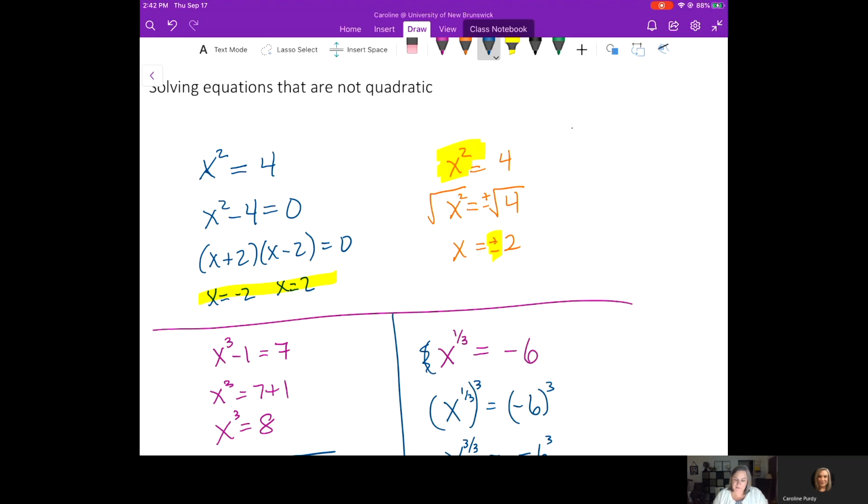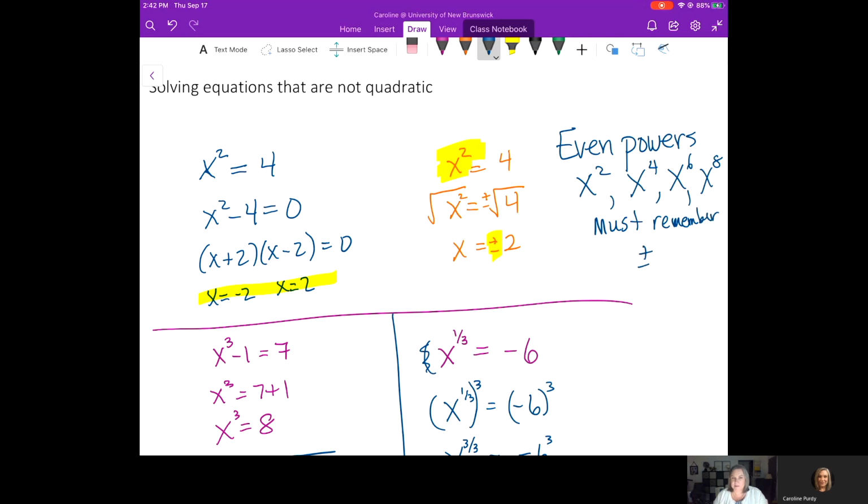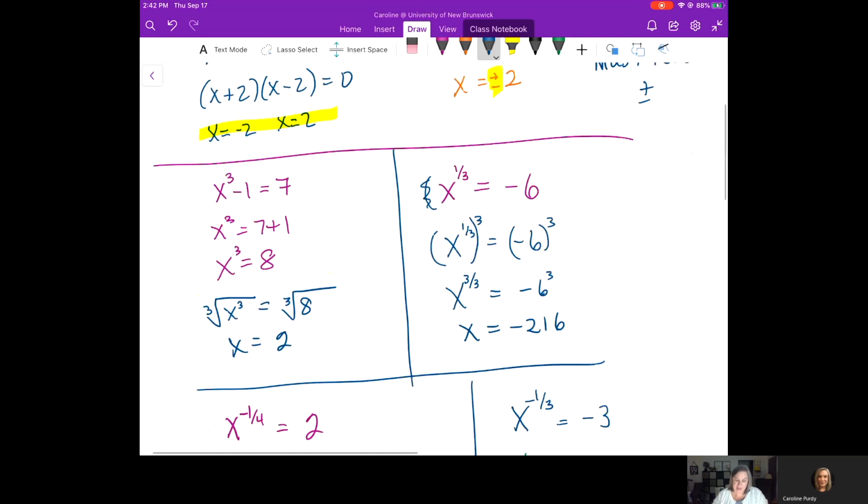Any even powers, so like x squared, x to the 4, x to the 6, x to the 8, even powers, you must remember plus or minus.